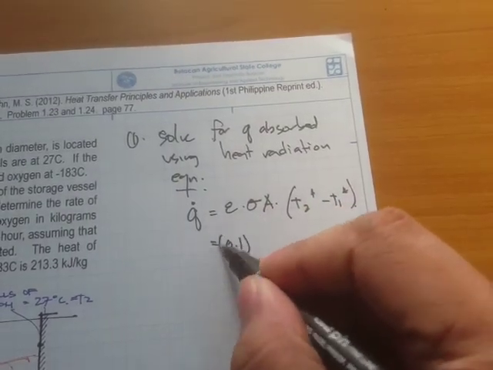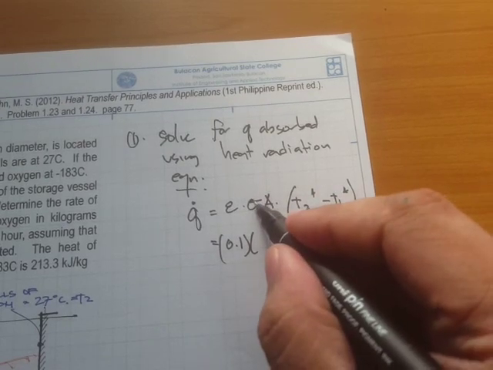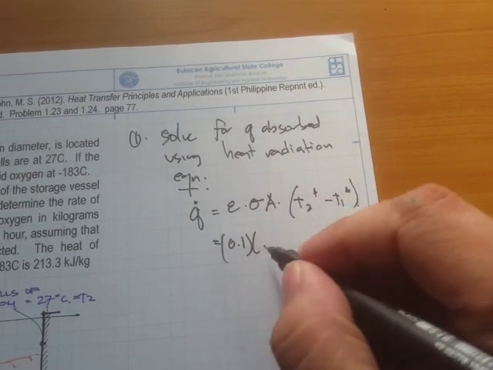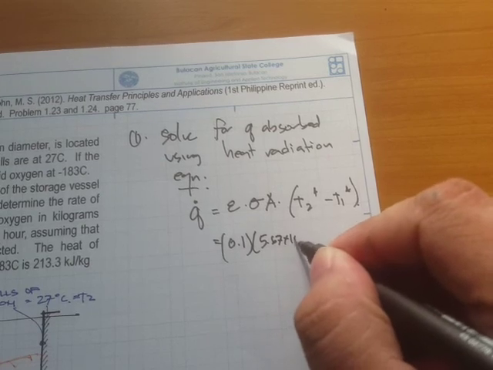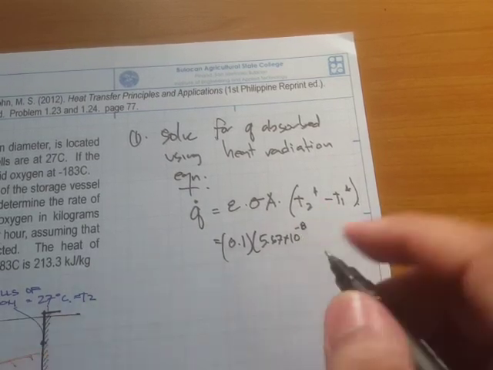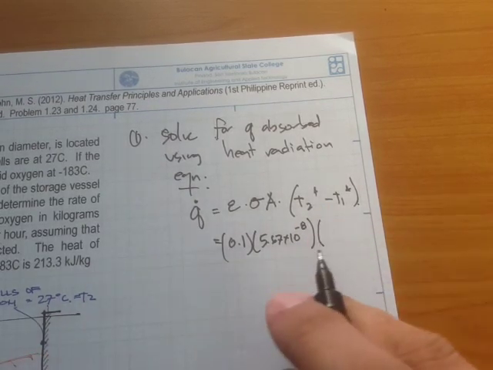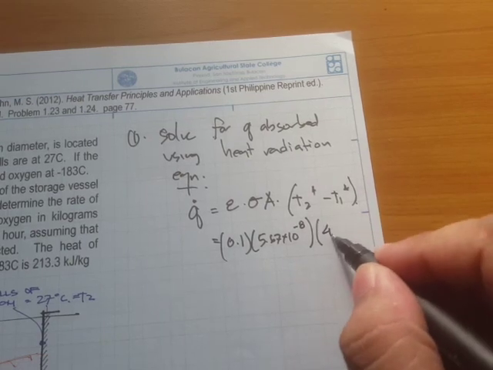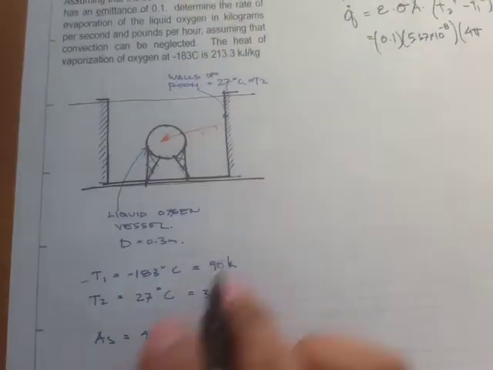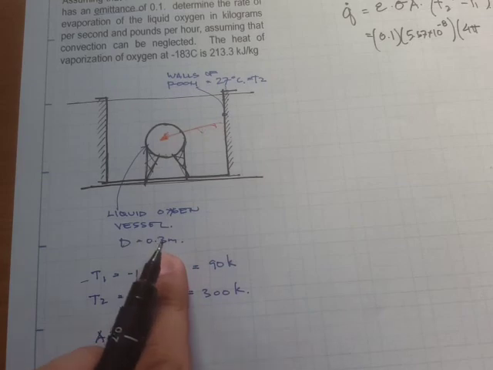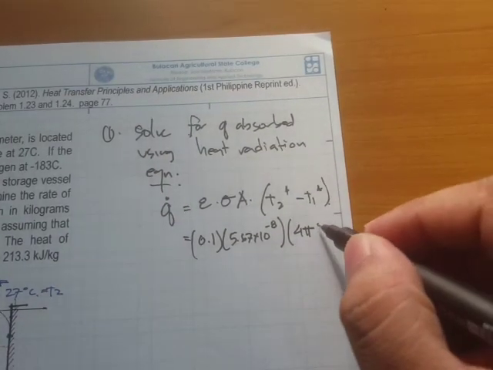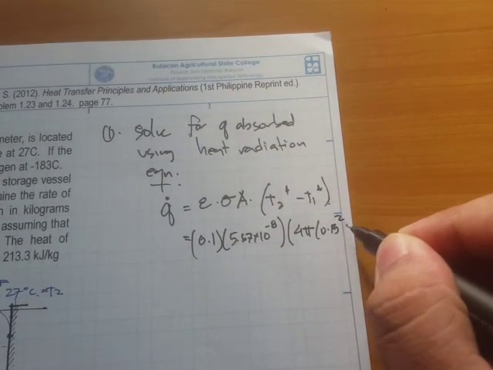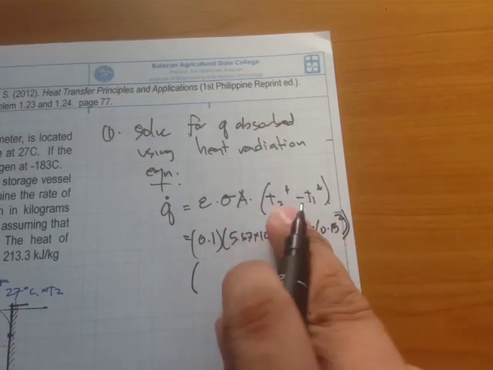Epsilon is 0.1, and sigma, the Boltzmann constant, is 5.67 times 10 to the negative 8, and the area is 4 pi times r squared, where r is half of 0.3, so 0.15 squared, right, times the temperature.